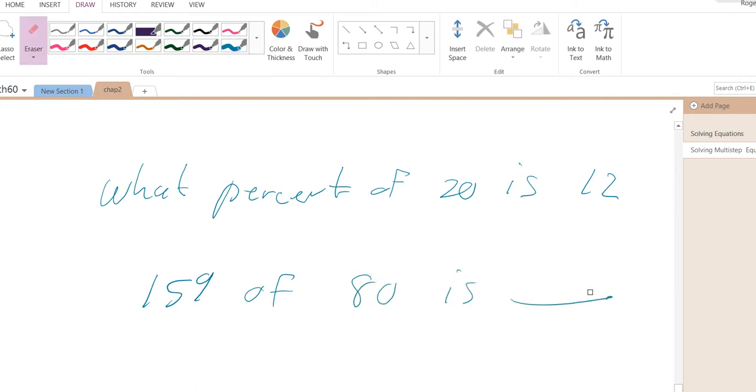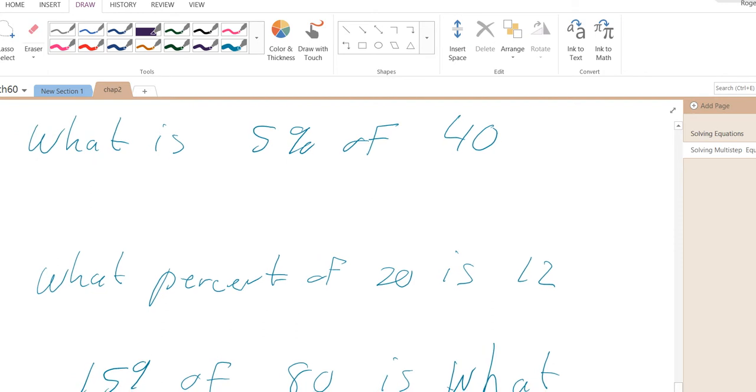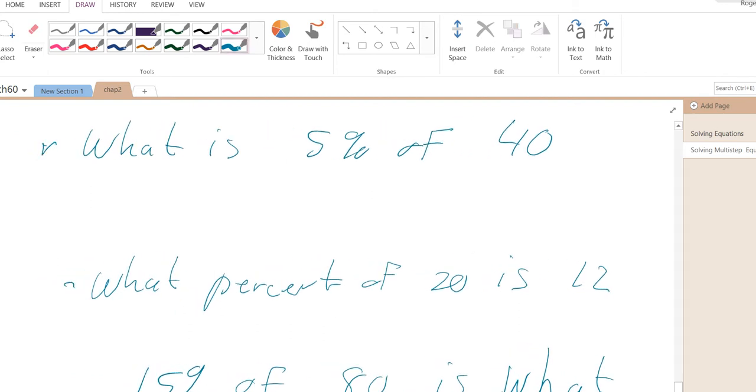I guess they use what number? Okay. So here's the three different types. This one, and this one. All right. Since we're talking about equations, that's the way these can be thought of.